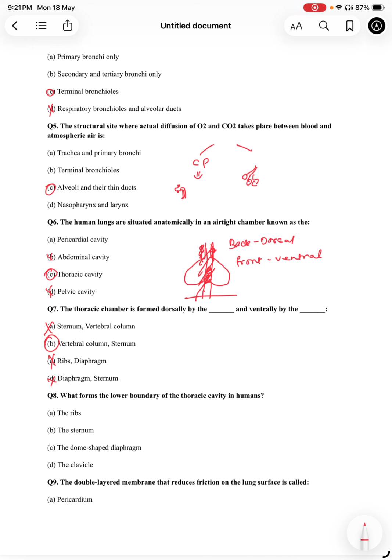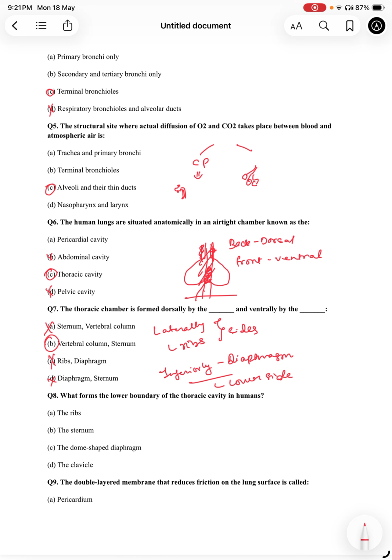Now, what is laterally? Laterally, we have ribs. This is a line in NCERT. Laterally, we have ribs, and inferiorly we have the diaphragm. Laterally means towards the sides, and inferiorly means towards the lower side.